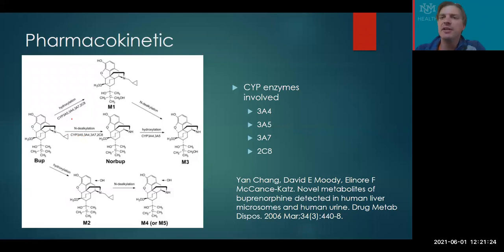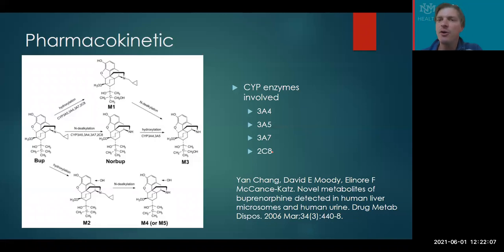As a reminder, in medical school and pharmacology, we learn about the P450 system as a whole. More specifically, we can subdivide the P450 system into subgroups of CYP enzymes. The most common ones that are used to metabolize buprenorphine are shown here, and 3A4 is the primary one. 3A4, as you may remember, for those of you who took the time to remember your CYP, is the primary enzyme that metabolizes the vast majority of our drugs.